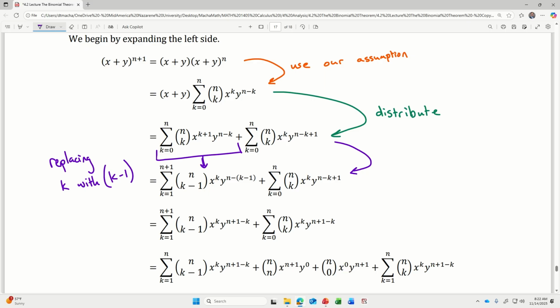So k is my index variable, and so you can do kind of sneaky things with it like this. It's very, very subtle.